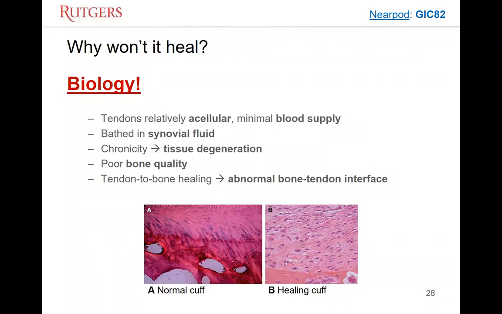And with increasing time, the quality of that remaining tissue deteriorates dramatically, making the suture tendon interface a weak point of any construct. And as if that's not enough, the bone quality at the rotator cuff footprint is not always sufficient to maintain suture anchors or bone tunnels, particularly in older osteoporotic patients. And then even when the healing does occur, the bone tendon interface is disorganized and less resilient than a native tendon.